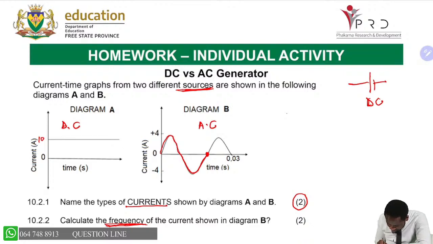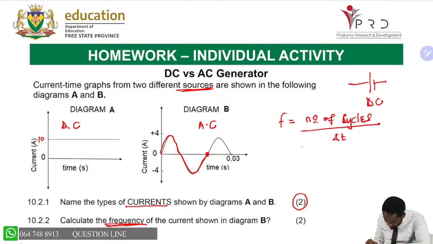This is 0.01, this is 0.02. We are looking for frequency, so if you go to your calculator and say 1.5 divided by 0.03, that's the time, this gives us 50 hertz. The formula mark is not there; it is the mark for substituting correctly.